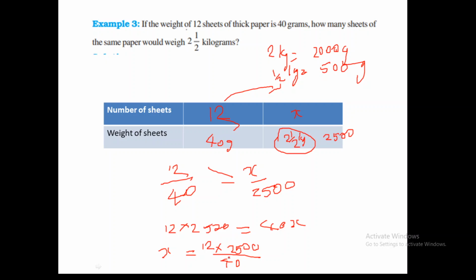Cross multiplication. 0 cancelled, 12 and 4 cancelled, yes, 3, 3 into 250, 750 sheets are there. Okay.